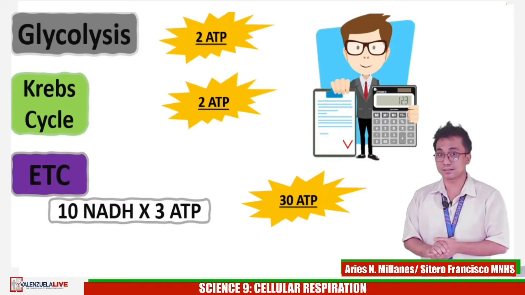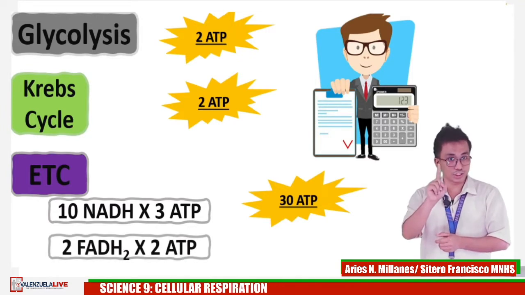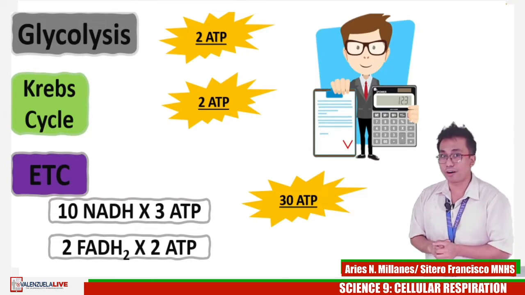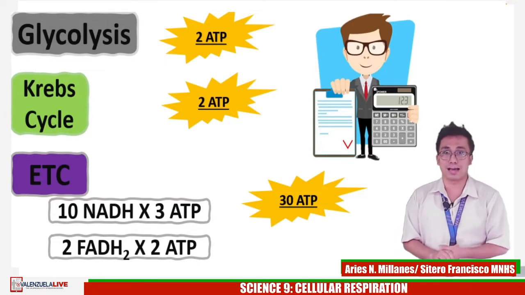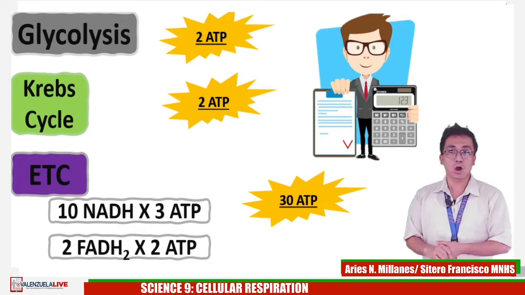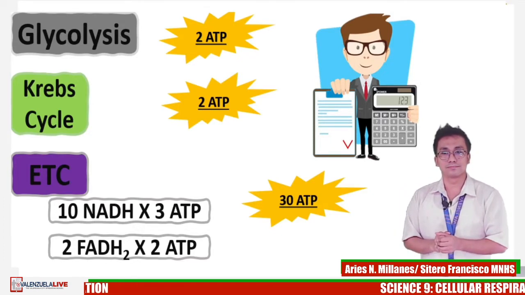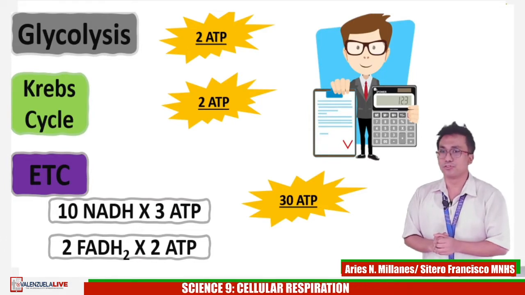And lastly, for every 1 FADH2, there are 2 ATPs. Therefore, how many ATPs do we have in FADH2? Comment your answer now. Very good.